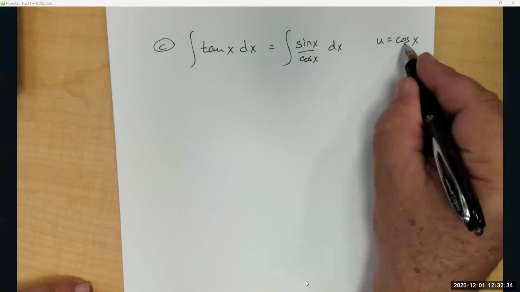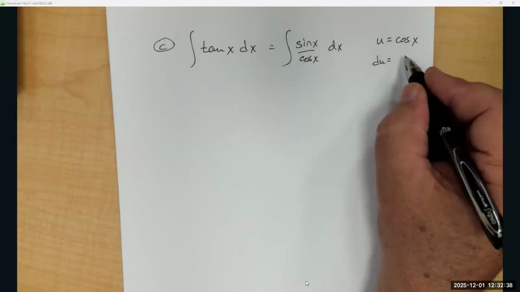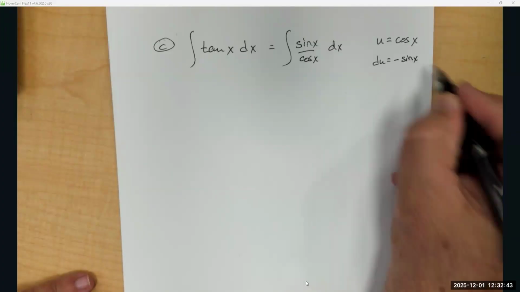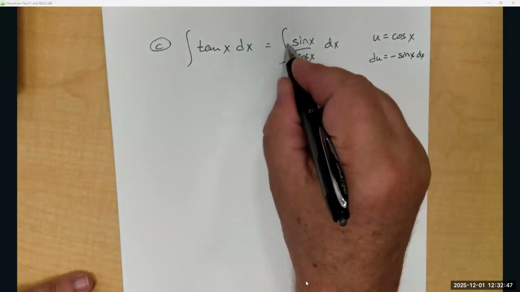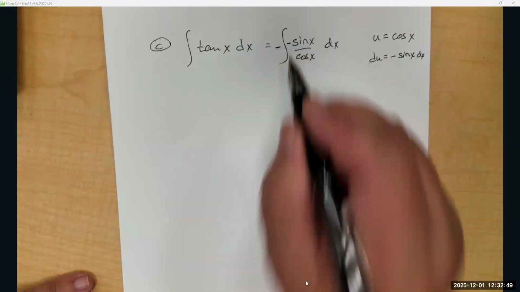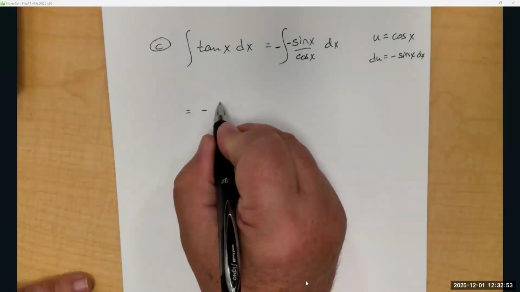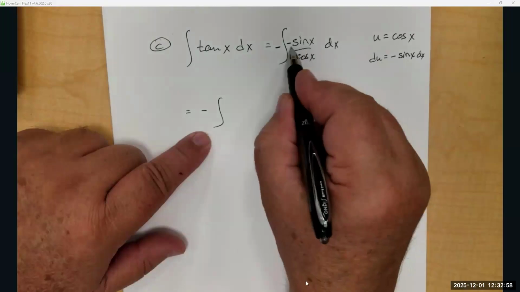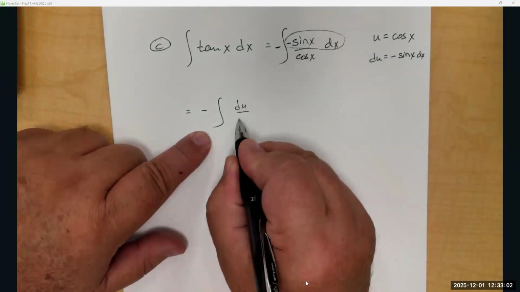If u is cosine x, what is du? Do we have a negative sign with dx? No, so we put a negative out in front. Now this top part is du and the bottom part is u.